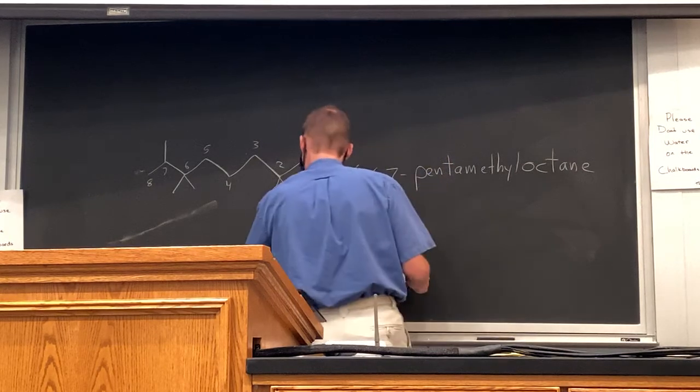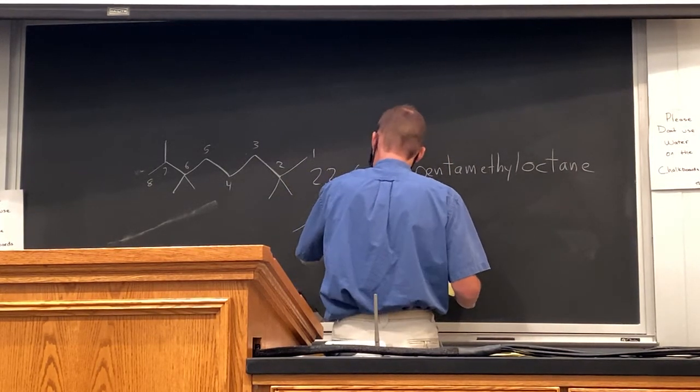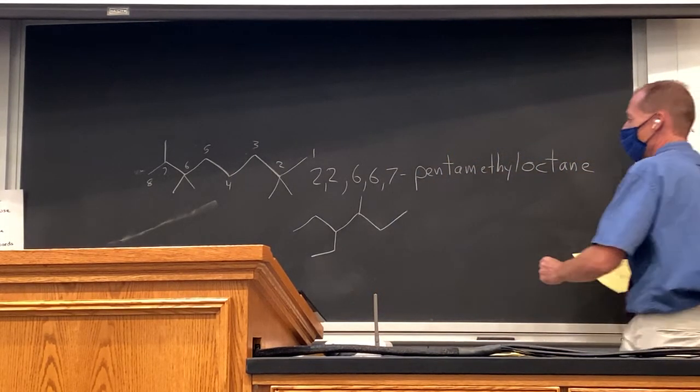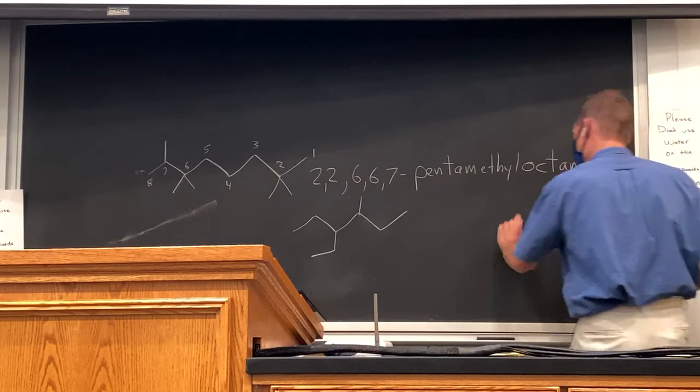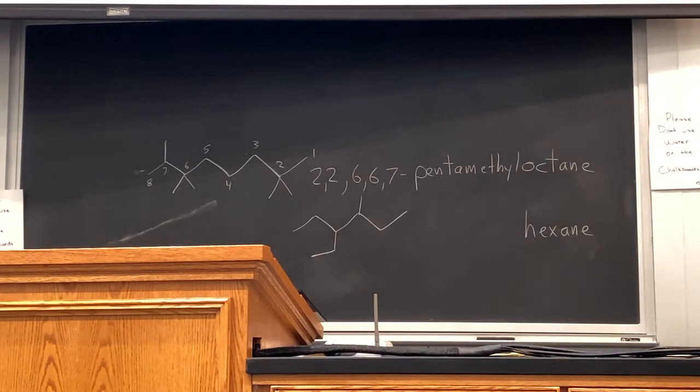This one's quick. Won't take us much time. Parent name, hexane. Which direction do we number from, left or right? Left, why? Alphabet. So if we go from the left, we hit ethyl on carbon 3.